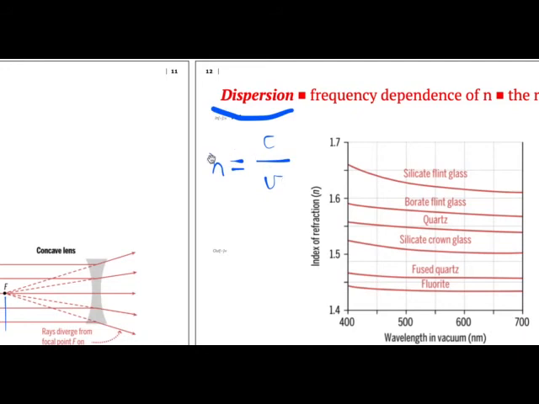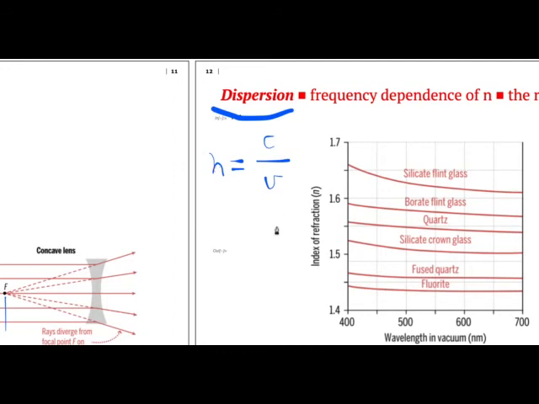Now, n depends on the material. And all matter is atomic. Different atoms react to light in different ways. And so n is not just a constant. It's different for different materials, and it's also different for different frequencies of light.